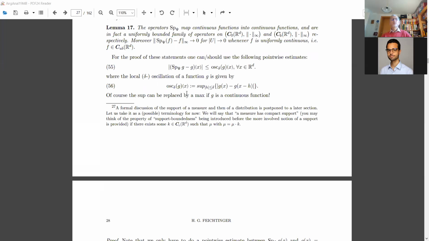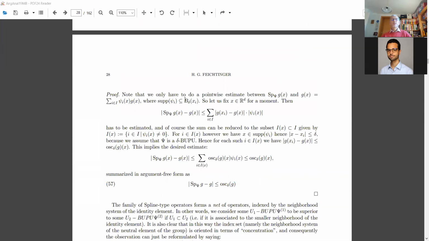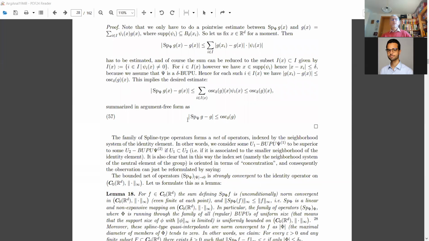So in our case, we want to estimate the sup norm, and that's a very easy task now. If you dominate a continuous bounded function, both of them being continuous bounded, then you will estimate the sup by the sup of the larger one, and that is going to 0 by the definition of uniform continuity of the argument g, and that's how we prove this.